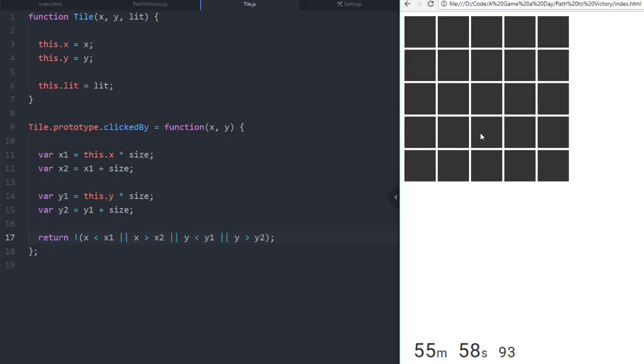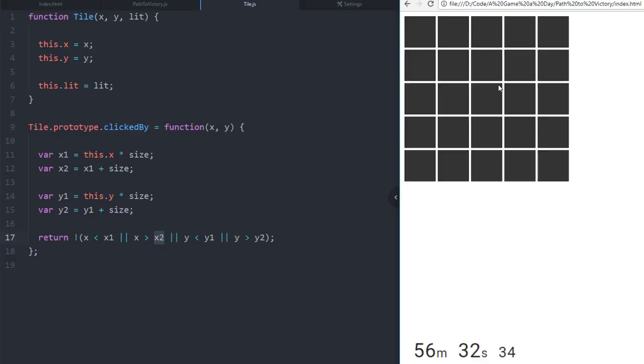Basically, we're checking if it's outside of it. We're not checking if it's inside, we're checking if it's outside, and then we reverse that. So x2 is the other bound of this. If I were to graph x2, it would be the other side of the square. If it's any greater than that, then we know it can't be the one which was clicked. Same with y1.